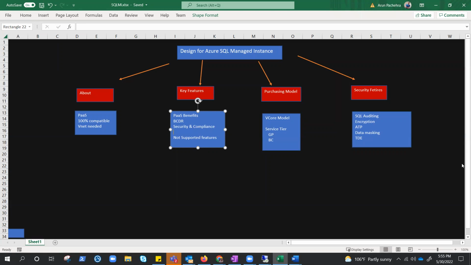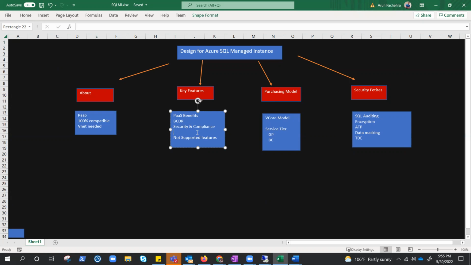Now, what are the features which are not supported? Well, in case your on-premises SQL, SQL on VM, is using SSIS or SSRS, then of course those things cannot be supported by this MI. However, for SSIS, we have Data Factory.